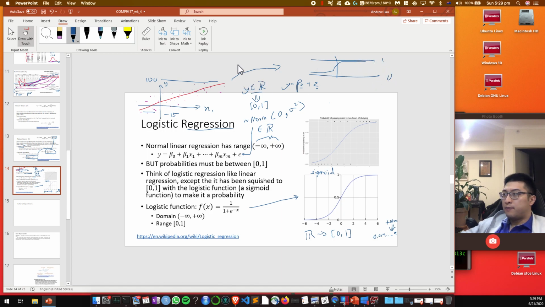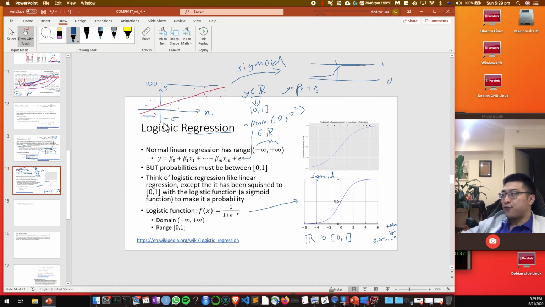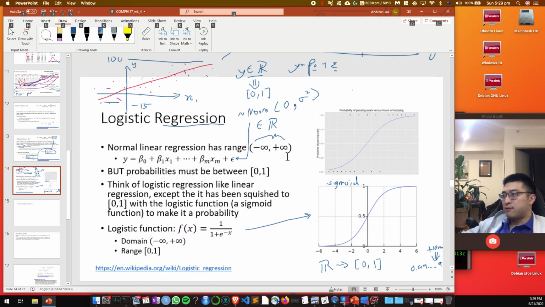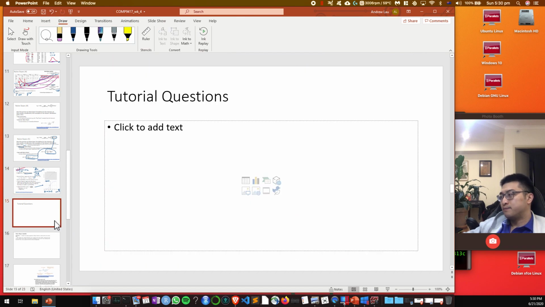Applying the sigmoid function to your linear regression transforms it from a range of -15 to 100 to 0 to 1. Fantastic. That's exactly what we want for probability. To me, that's the easiest way to think about logistic regression: you're doing the same thing as linear regression, but then applying this sigmoid squishification function to get it between 0 and 1.